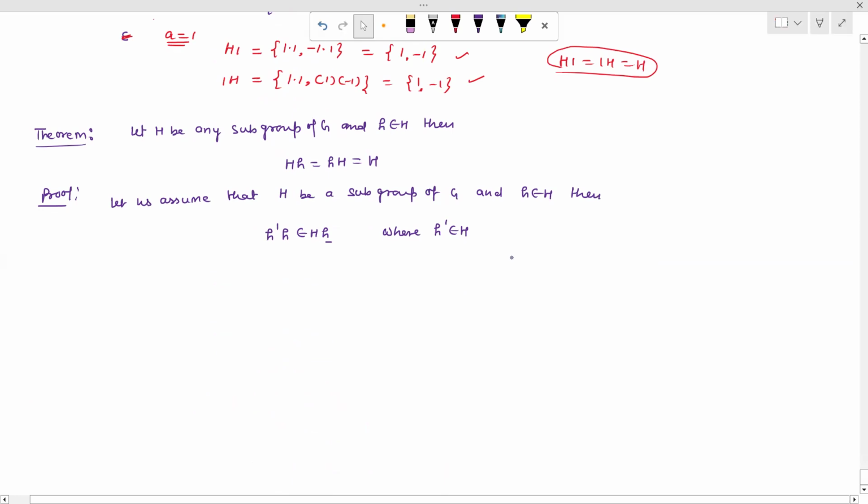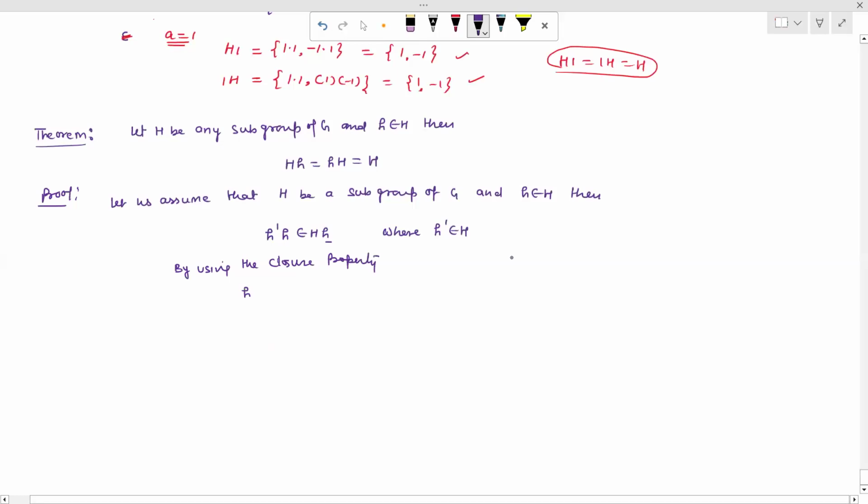Now, by using the closure property, we have two elements.